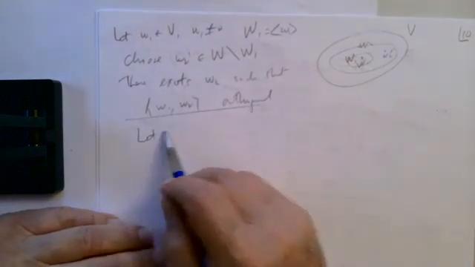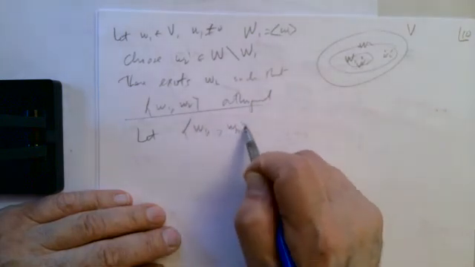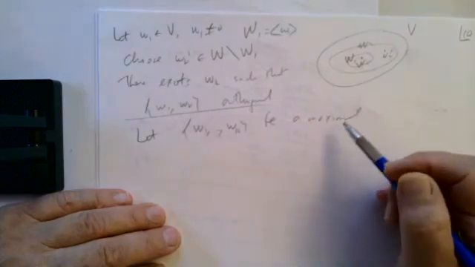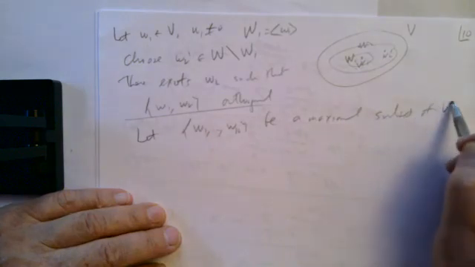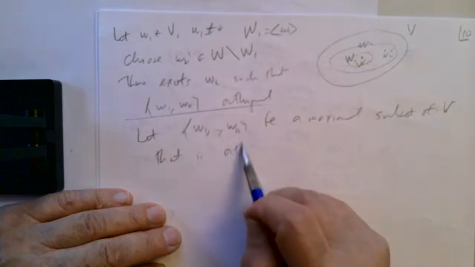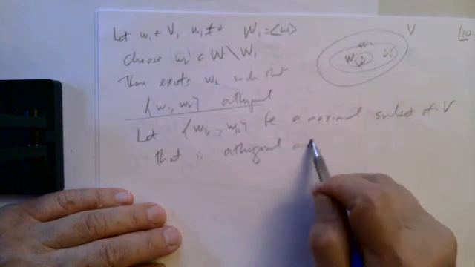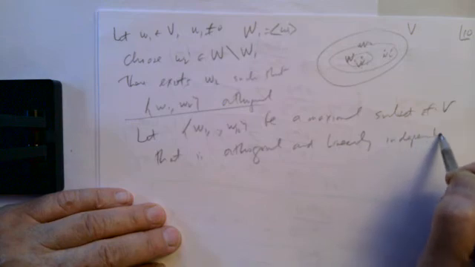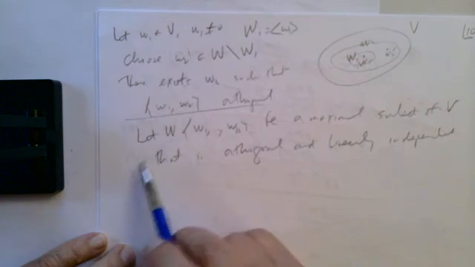And then I could say the following. So let W1 up to Wk be a maximal, that is the largest possible, subset of V that is orthogonal. The vectors are mutually perpendicular and linearly independent. Call that Wk.